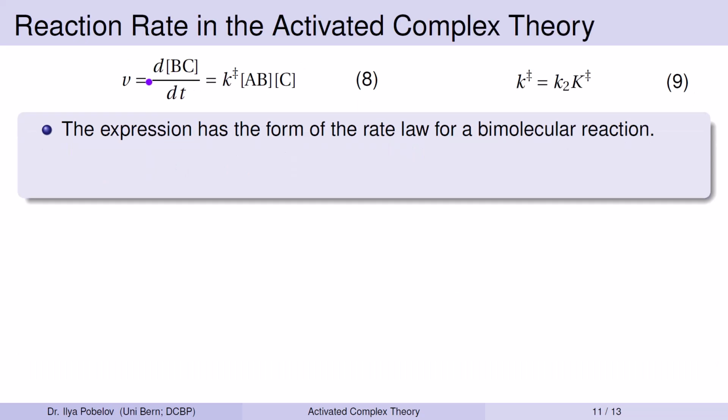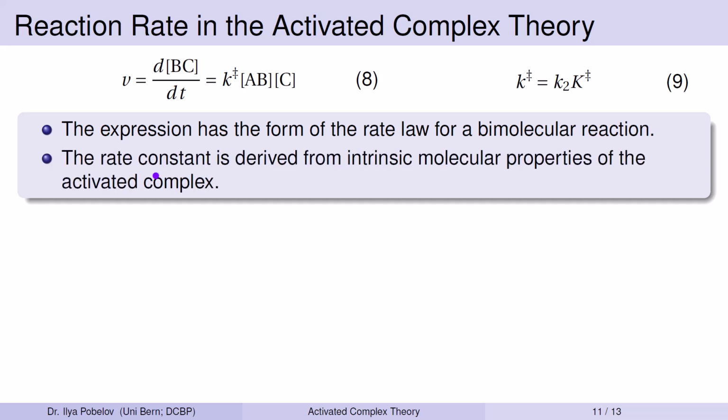This expression for the reaction rate has the form of the rate law for a bimolecular reaction, but the rate constant is now derived from intrinsic molecular properties of the activated complex. In this expression, both constants capital K double dagger and K2 have far-reaching physical meanings.